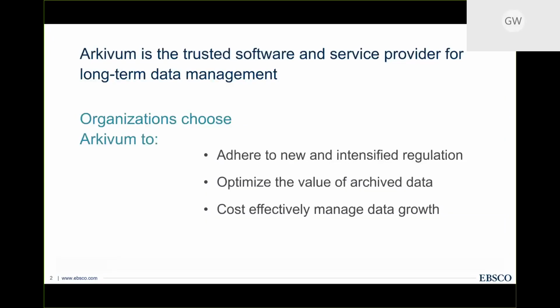As it's come up quite a few times in the earlier presentations, we look at the three core pillars of Archivum as I have on the screen. It all starts with being able to meet the regulations as well as be able to adjust to new regulations as they come out, as those are rapidly changing throughout the life cycle of your data.